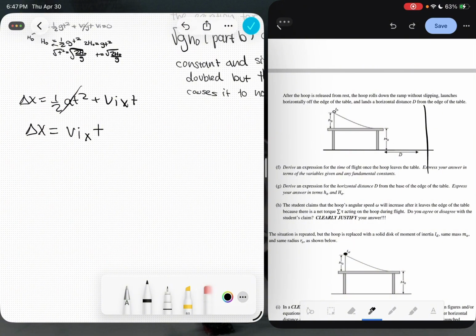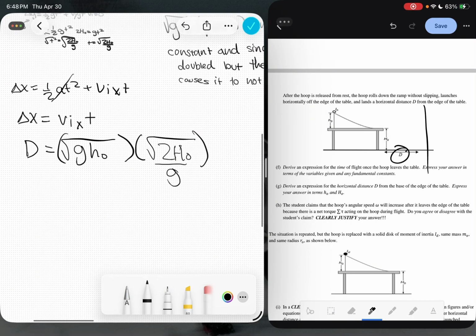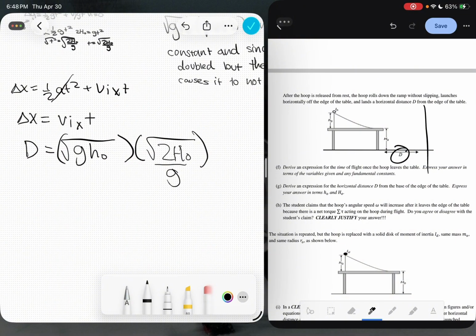For delta x, I'm gonna plug in d because that's the distance, and for vix, I'm gonna replace it with VCM, which I found in part B. So radical GH naught times t, which I found in part F, which is radical 2 capital H over G. And through this, I'm going to cancel out G, and the distance will equal radical 2 H naught and capital H naught.